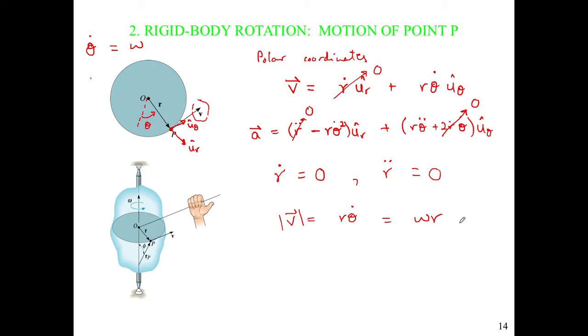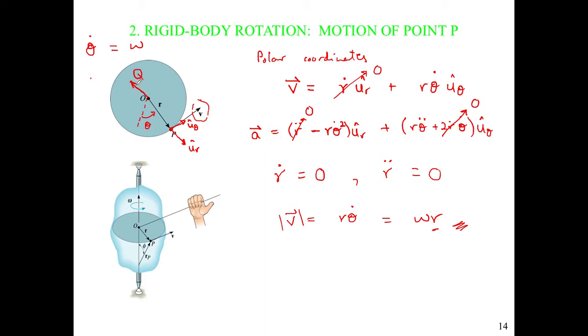Okay, so we've figured out the expression for the velocity of a particle P. Now let me generalize this further. The only thing that changes as I go to some other point, let's say this one, Q right here, is the value of r, the radial position.